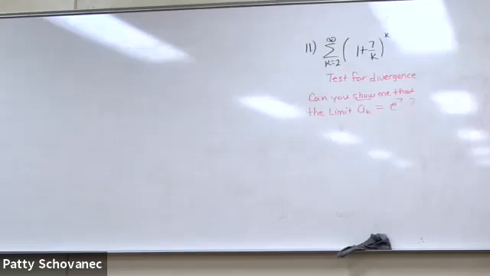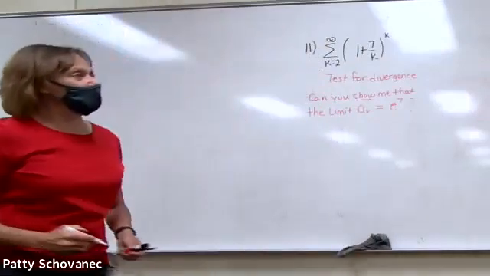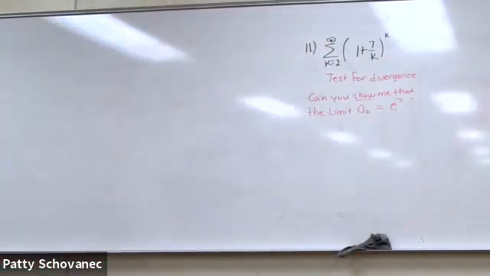When I see a logarithm and a 1 over k, I always think an integral test too. Either one of those will work pretty well here, using the fact that the log of k is smaller than the square root of k. So you can build your bk series by making your denominator bigger.